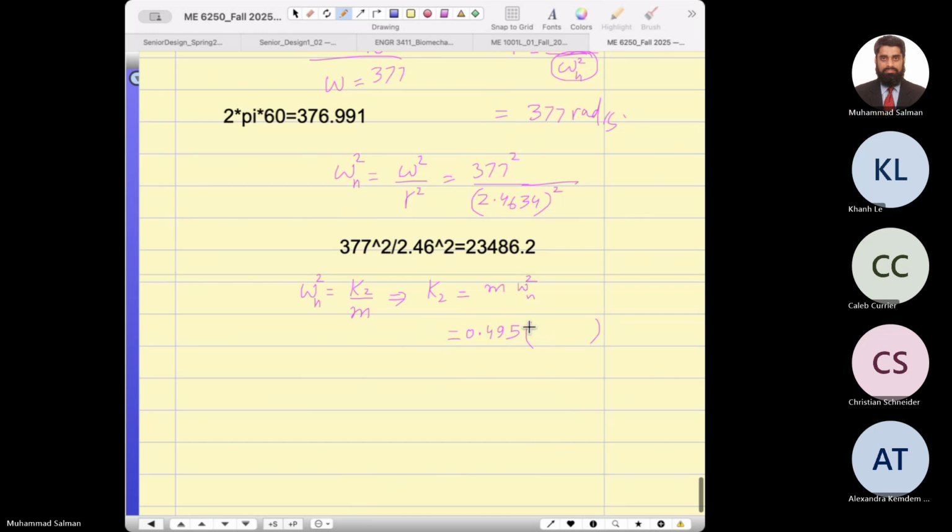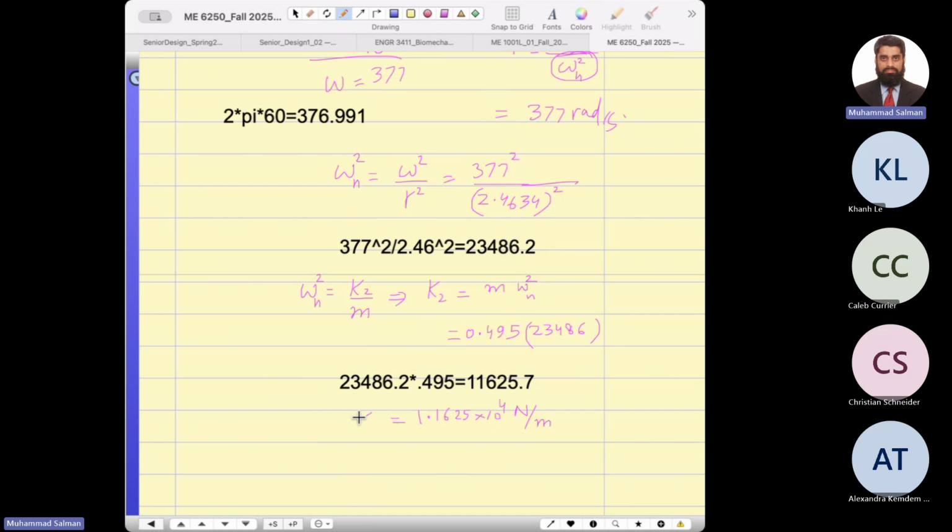So let me do this math here. If I grab this value here, multiply by 0.495, I get 11,625 newtons per meter, or 1.1625 times 10 to the power 4 newtons per meter.